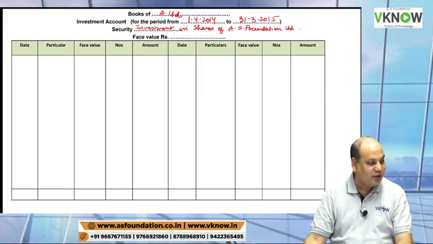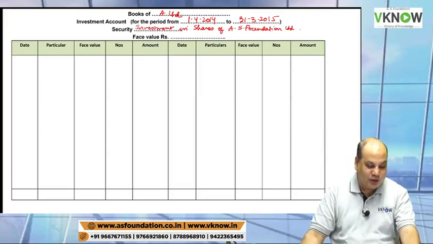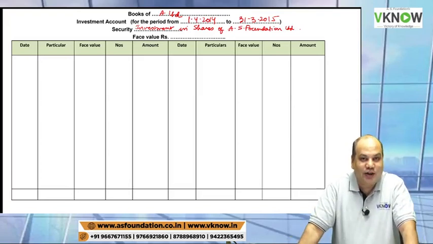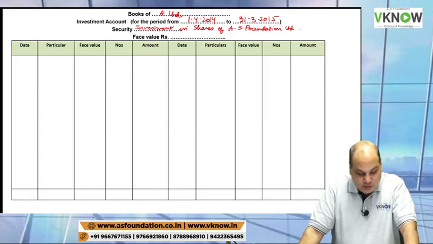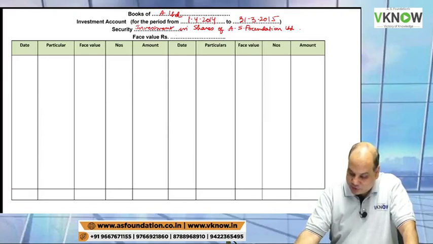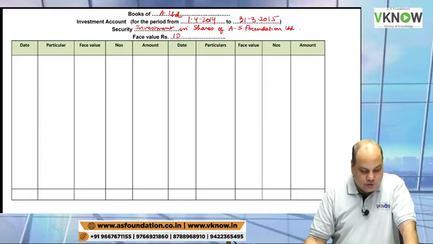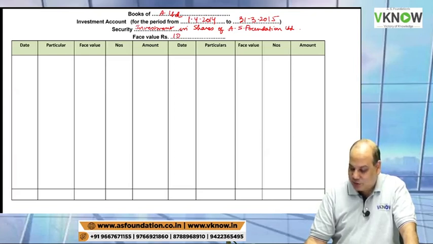Your sir's company is a listed company only in the question, not in reality. Face value is rupees 10, first line. We can assume face value is 10 rupees. Then draw the format. Kindly draw the format. Date, particular, face value, number, amount.